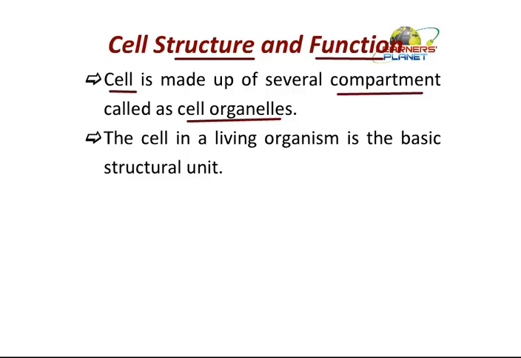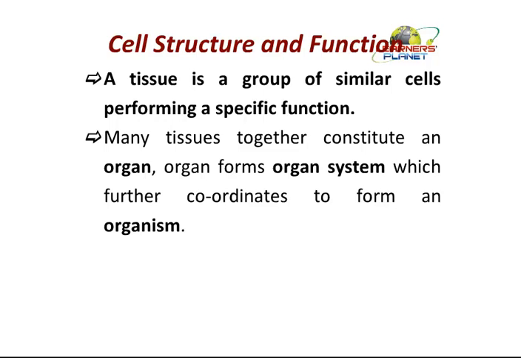So these cells are structural units because they possess these cellular organelles, and these organelles are the site for various biochemical reactions. There are different organelles to perform different functions, and these together form the individual living cell.